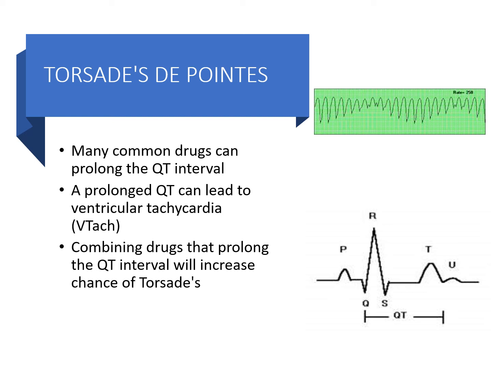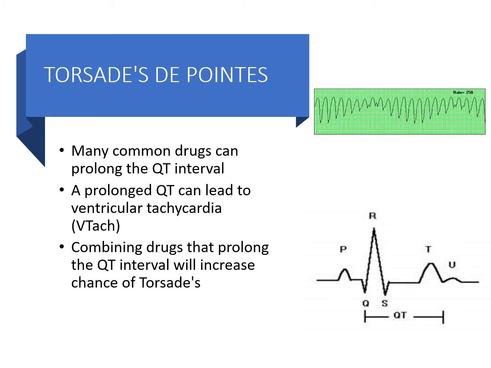Okay, we'll definitely talk about this in more detail in another point, but there's an interval that we sometimes look at with many drugs that can prolong it called the QT, and it spans from Q, which is the beginning of the QRS, to the end of the T wave. And many drugs can prolong it, make this interval longer. And when you make that interval longer and longer, it puts the patient at risk for ventricular tachycardia.